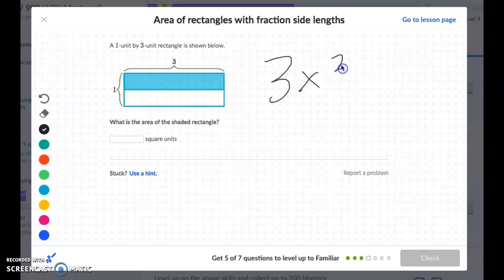So 3 times 1/2. 3 times 1 is 3. And then halves stays the same, so 3 over 2. If we needed to simplify, we could have simplified to 1.5.